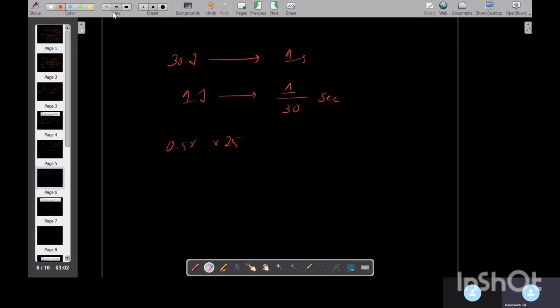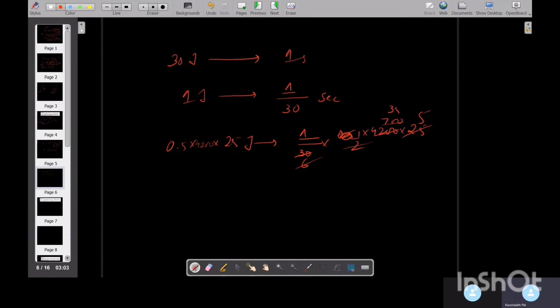So 0.5 into 4200 into 25 joules can be extracted in 1 by 30 multiplied by 0.5 into 4200 into 25. So this is 5, this is 6. Now 6 7 is 42, you all know that. So here I can write 0.5 as half.